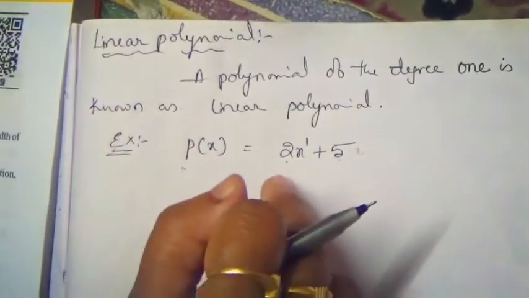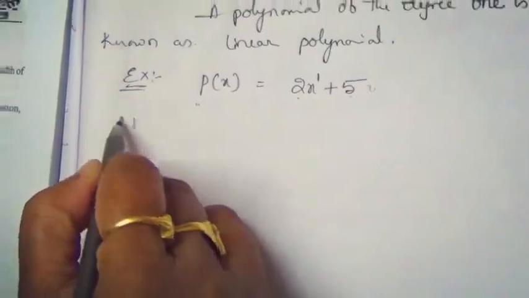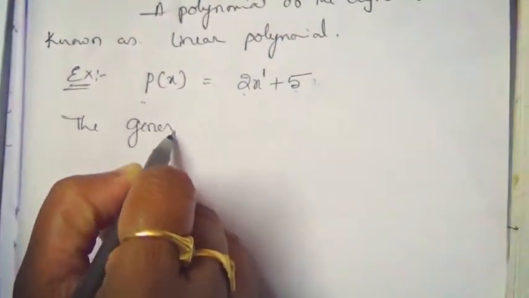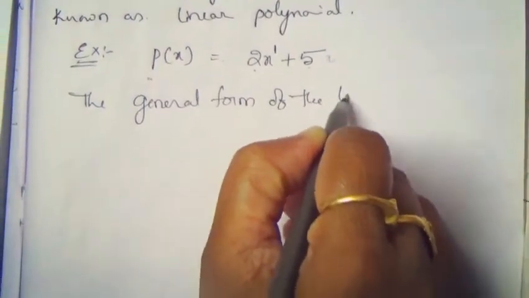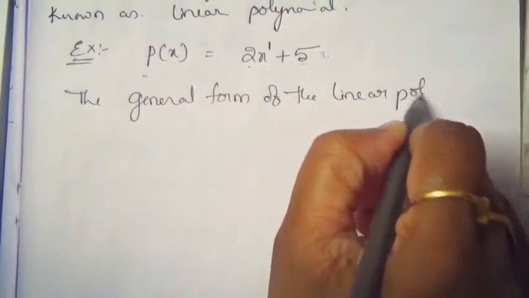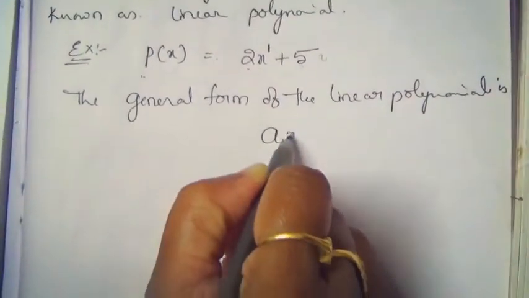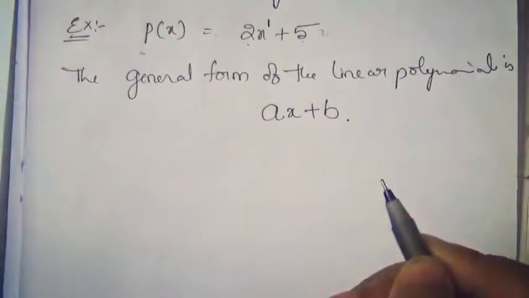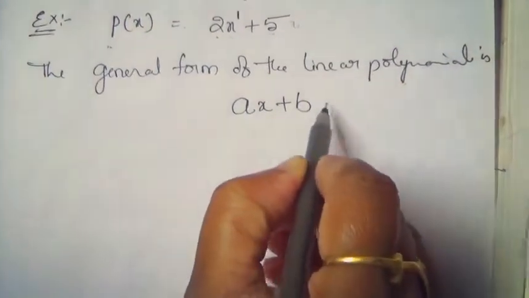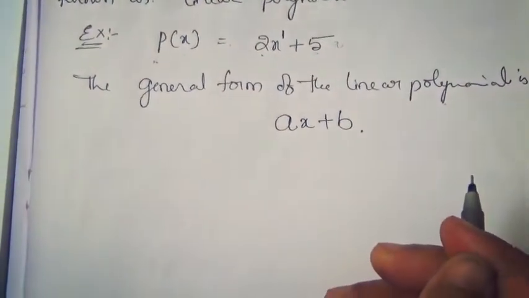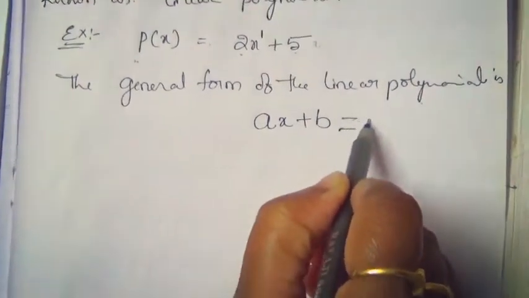Right? For the linear polynomial, the general form of the linear polynomial is ax plus b. The zero of the polynomial we can find by equating ax plus b equal to 0.